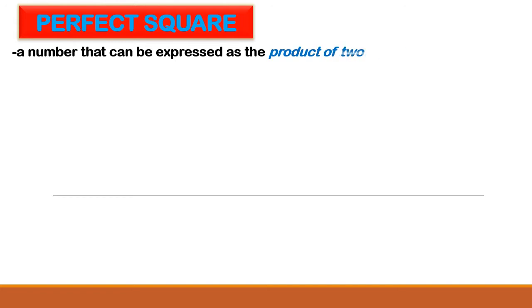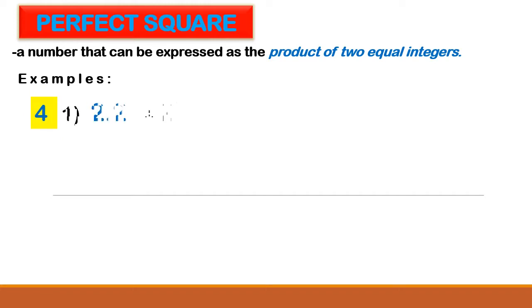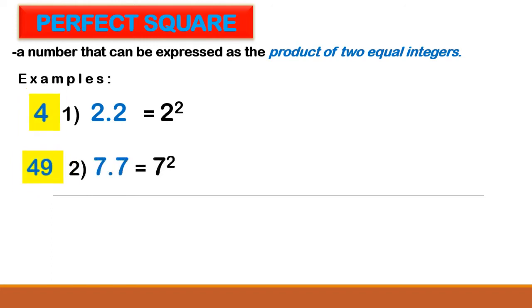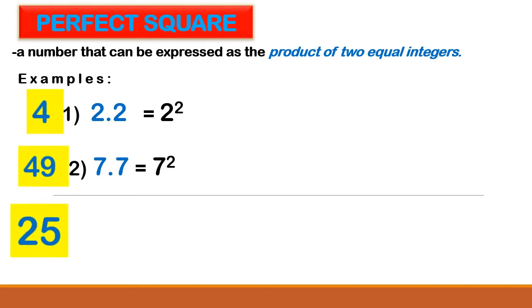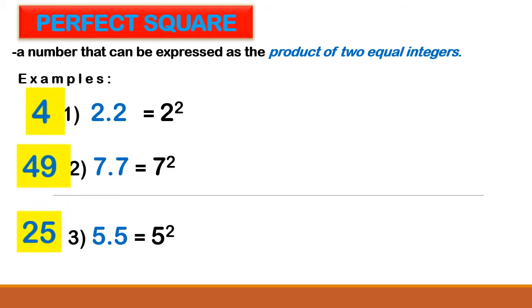By the way, what is a perfect square? So a perfect square is a number that can be expressed as the product of two equal integers. Example, 4. 4 is a perfect square because we can express it as 2 times 2, which is equal to 2 squared. 49 is also a perfect square because we can express this as 7 times 7 or 7 squared. 25 is also a perfect square because we can express this as 5 times 5, which is equal to 5 squared.